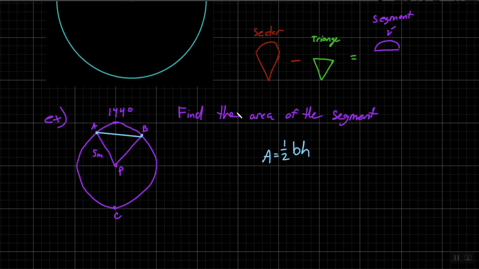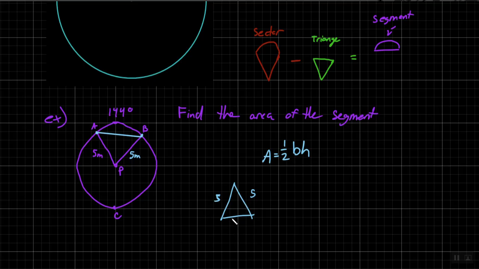Yes, it's an isosceles because it's also a radius right here. So it's 5 meters. Okay, we can only use this if it's a what type of triangle? Roughly, yeah. So I have this guy right now. I know this is 5, this is 5. What else do I know about it?